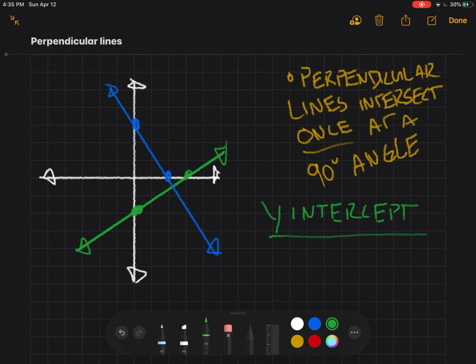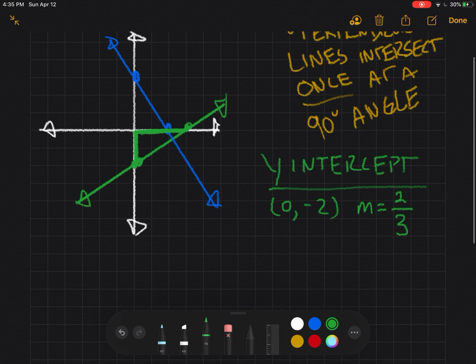So let's look at our green line first, and let's find the y-intercept. The y-intercept of this green line is right here. So that is the point (0, -2). And let's figure out what the slope is. Here's another point on my graph. So if I do +2 in the y direction and +3 in the x direction, that gets me to my next point.